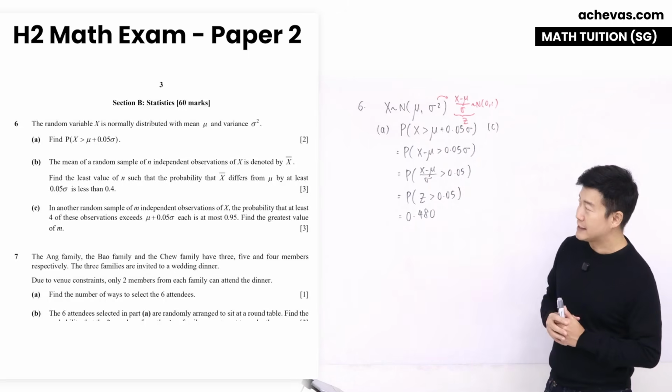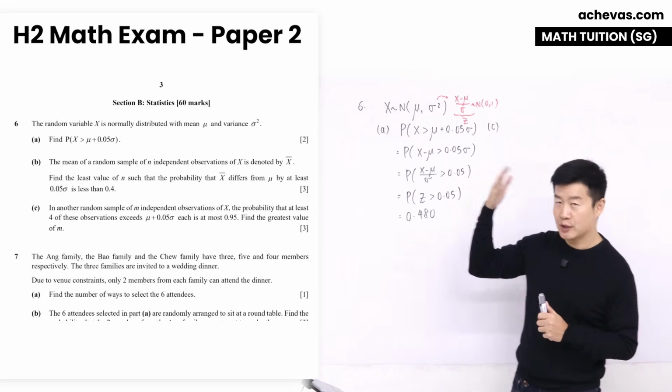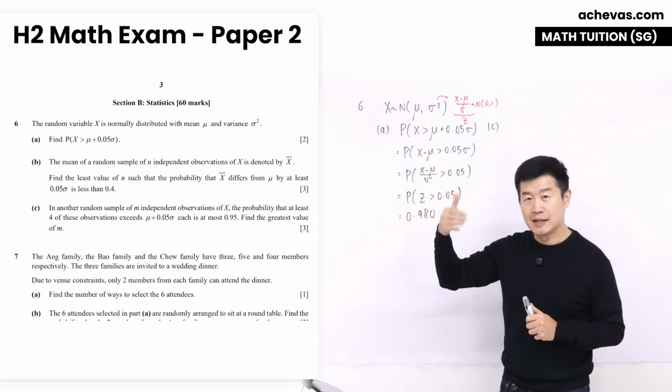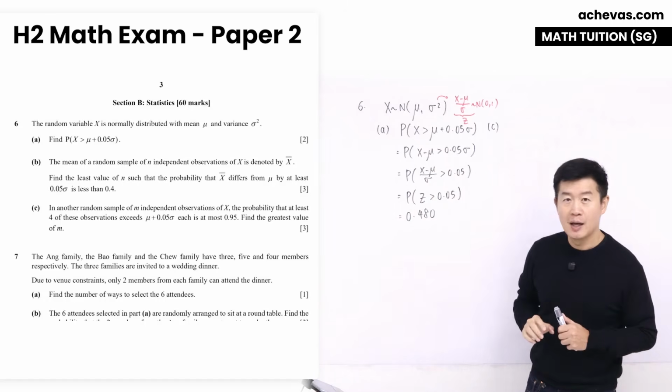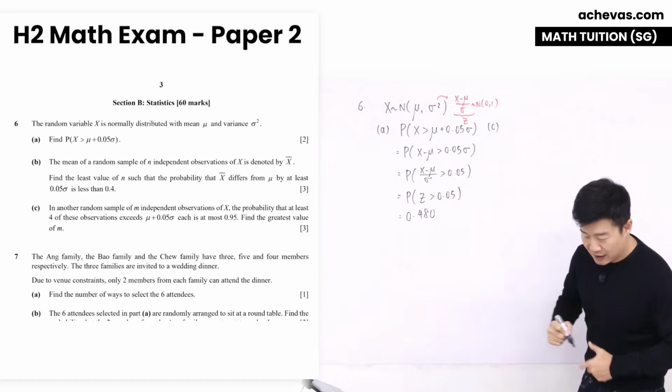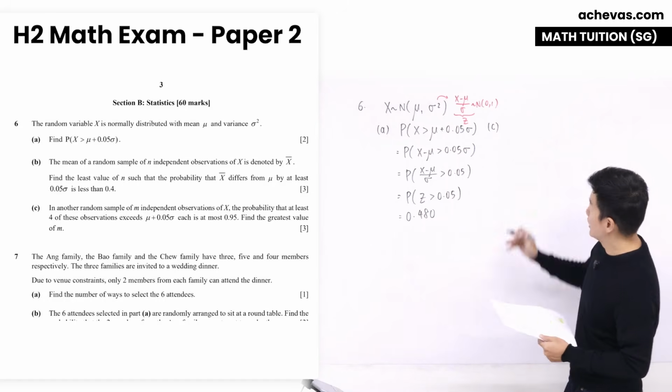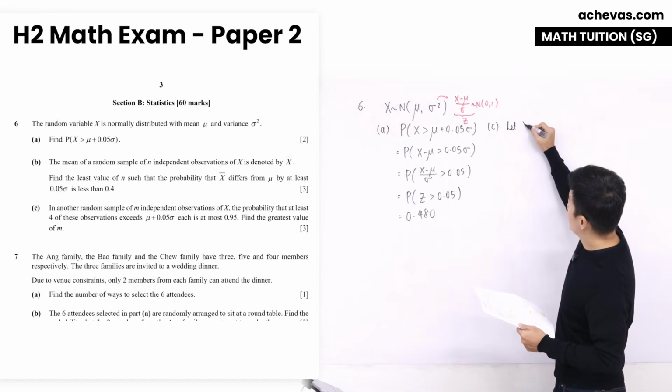So for a scenario like this, if you were to try to associate it to distributions that we have learned in our syllabus, this is actually a binomial distribution. And I'm going to define my random variable to represent this particular binomial distribution. I'm going to go for y.